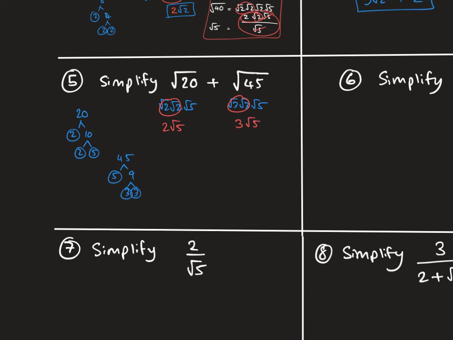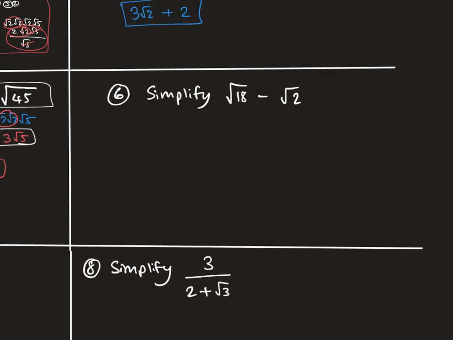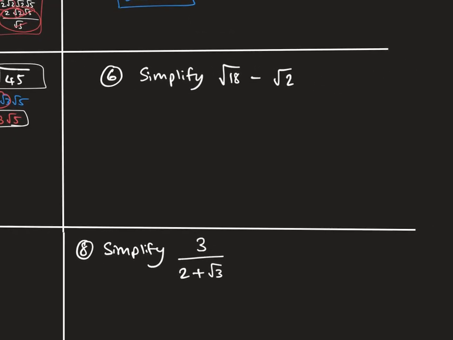And then because the whole thing has been added, it's this one plus this one, as we can see from the question here. And hopefully you can see, because there's the root 5 and the root 5, they can be added. Just like 2x plus 3x would give us 5x. Well, in this case, what we get is 5 root 5, because 2 root 5 plus 3 root 5s gives us 5 root 5.